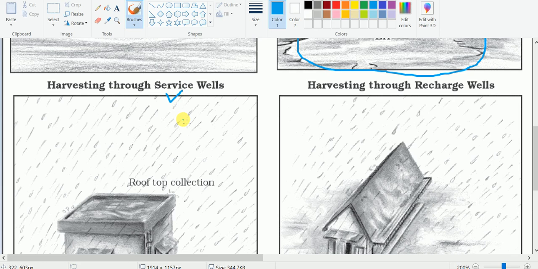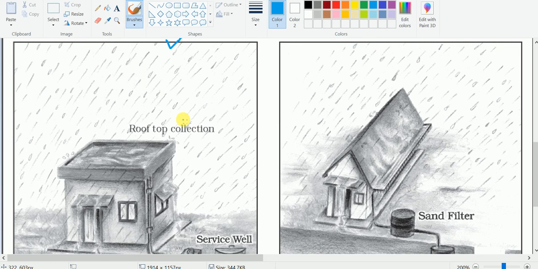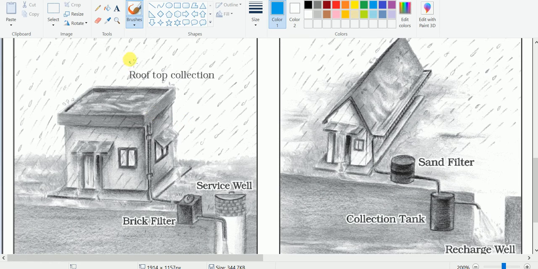So this is rooftop rainwater harvesting. Here rainwater is collected on the roof of the building, and it is collected through the PVC pipe. I think you may be seeing a PVC pipe here. Rainwater is collected through a PVC pipe, and here we have the filtration tank, using sand, then bricks and other charcoals.